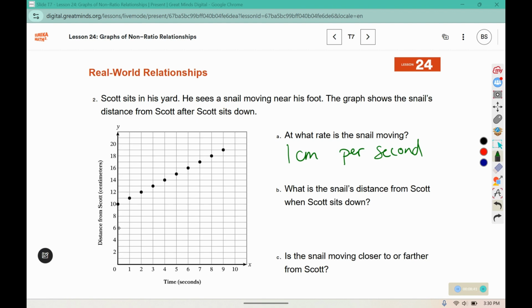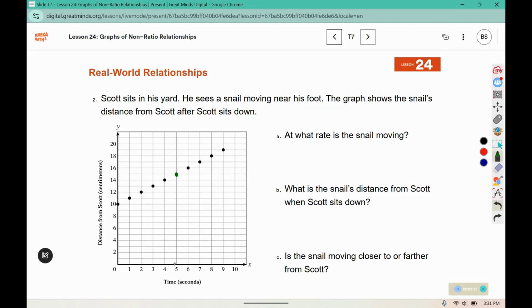So that would be at 0 seconds. The distance is 10 centimeters. Is the snail moving closer to or farther from Scott? Well, the distance from Scott is going up, so it is moving farther from Scott. The distance is growing, so it's getting farther away from him.